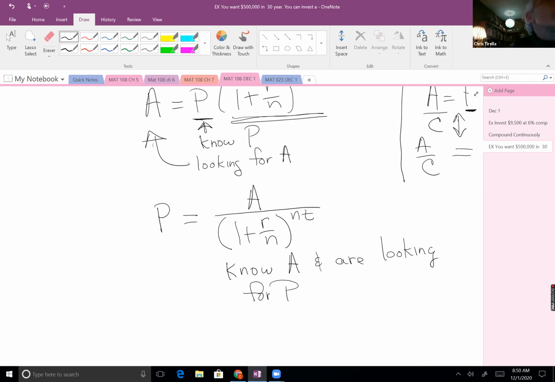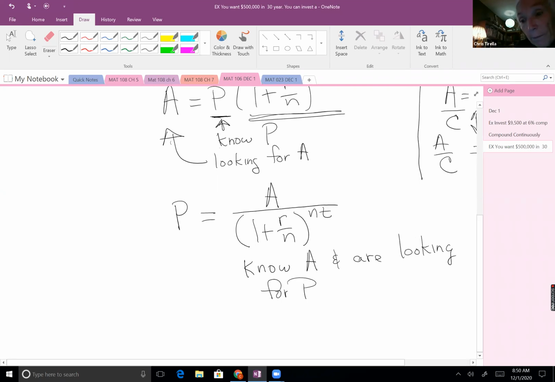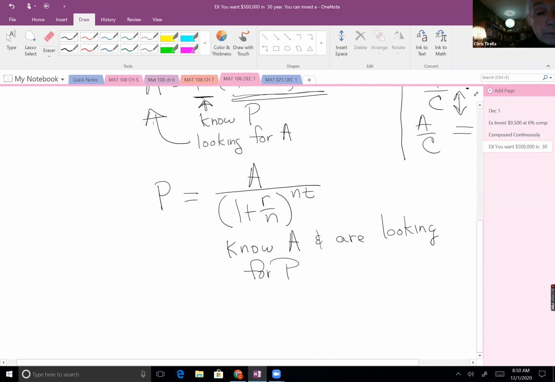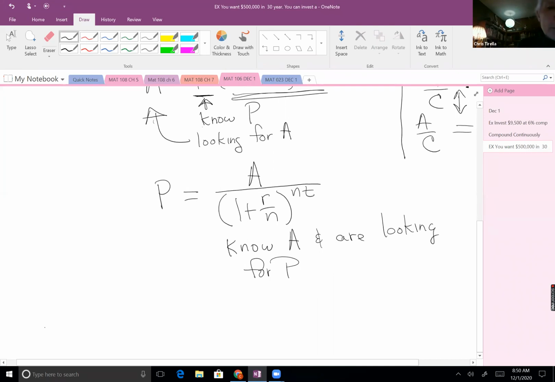If you add the continuous one and the yield one, we'll even have more. But I digress. So in the question we just outlined, we're going to use this formula, P equals A over parentheses 1 plus R over N, close parentheses to the NT.